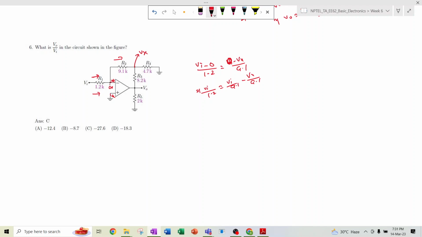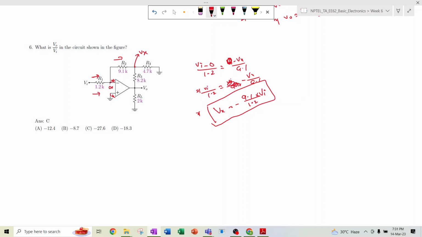Yes. So Vi minus 0, 0 minus Vx. So here it will be minus Vx by 9.1. So Vx is nothing but minus 9.1 divided by 1.2 into Vi, right? Yes. Now what is happening?